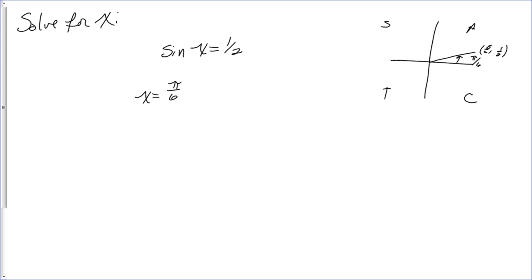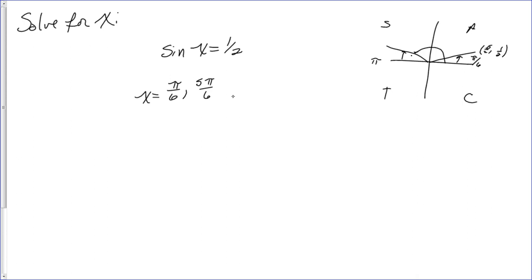Now also, if you had a pi over 6 angle here, it would also have a sine value of 1/2 as well. So now, not only do we need to write down pi over 6, we need to write down whatever this angle is, starting from here and coming this way. Well, if it's pi over 6 less than pi, that means it would be 5 pi over 6.